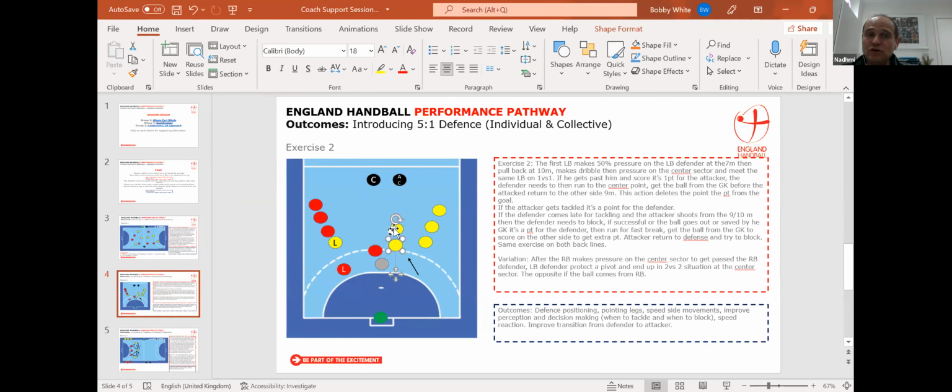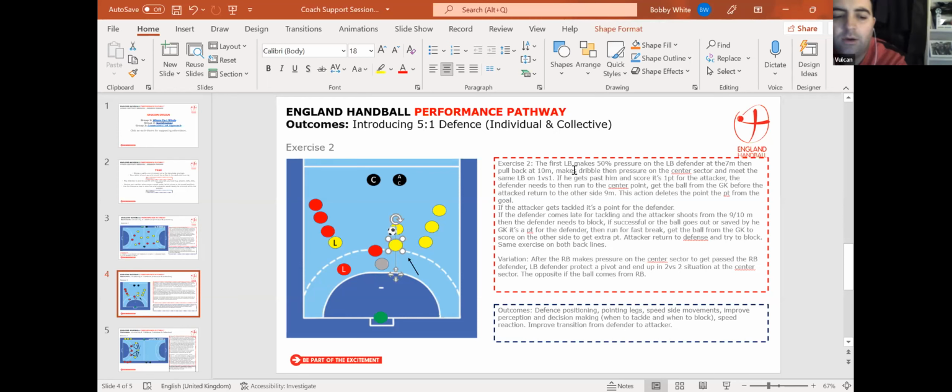So it will be a 2 versus 2. And the same thing from the right side: the right side will be a 1 versus 1, then a 2 versus 2 with the right defender involved in the game.